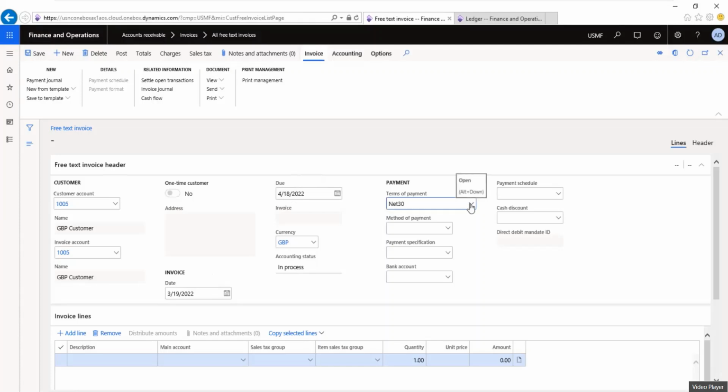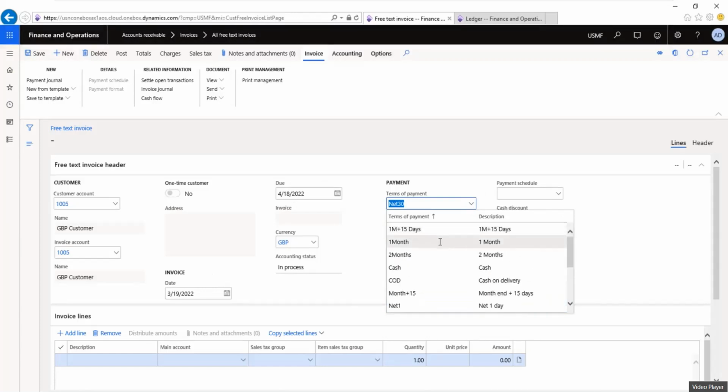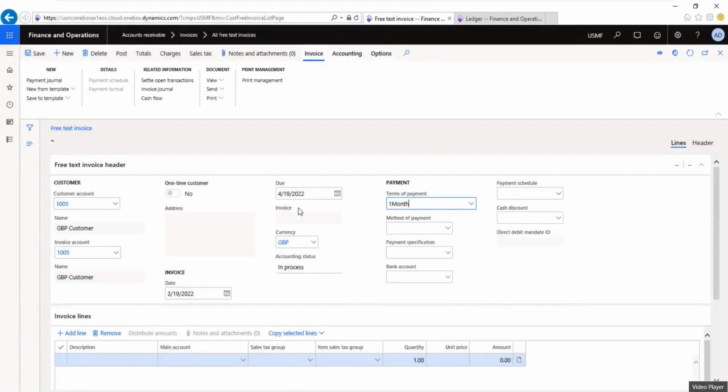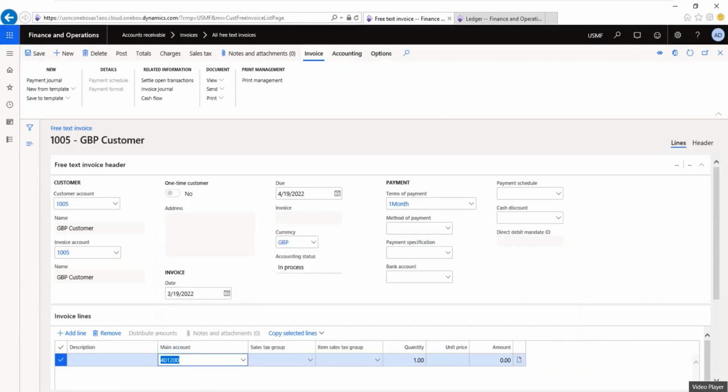If it is 1 month, it is 19th April. It will update automatically to 19th April. So due date follows terms of payment. Okay, and I'm selecting a revenue account. Some service revenue has been provided. Some services have been provided to the customer, so I'm selecting revenue. Suppose this is $120. Now post.